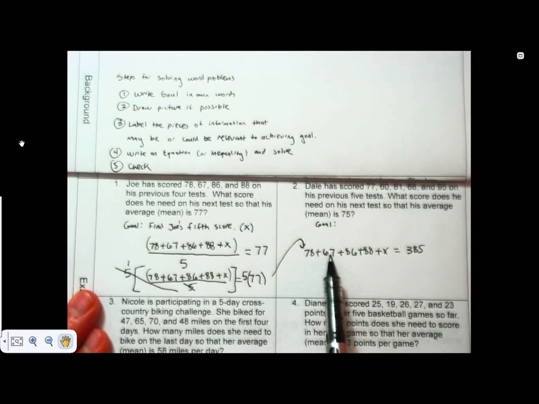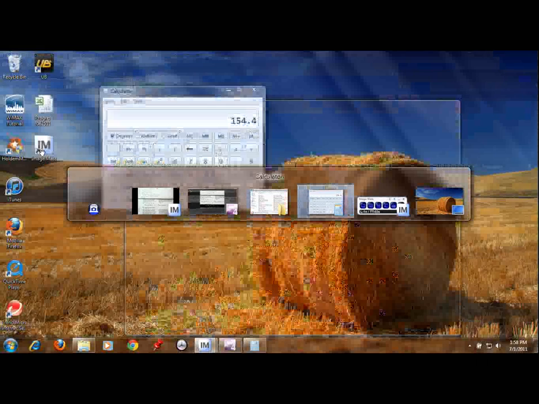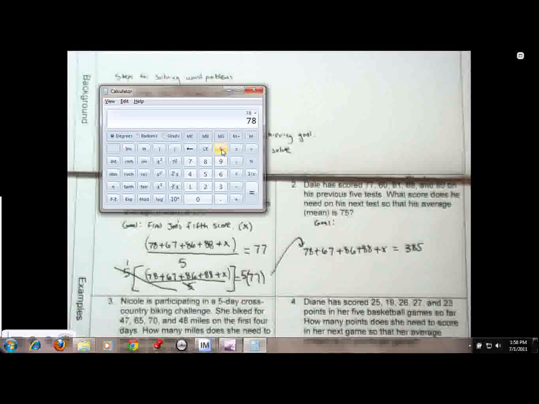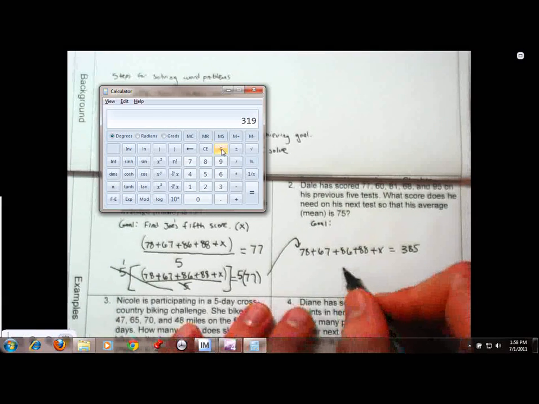And if I add all of these numbers together, 78, 67, 86, and 88, again, this is one of those exercises where they're going to give you a calculator. So if we go ahead and add those numbers, that's 319.